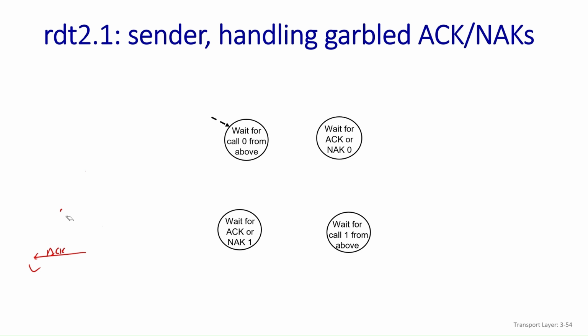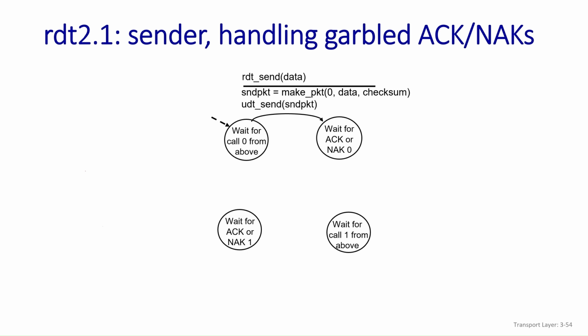Let's say this event occurs: the data is passed from the application layer to the transport layer. We know we have to perform some action. We have to make a packet. Look at what is different now. In the previous version, RTD 2.0, we had data and checksum.